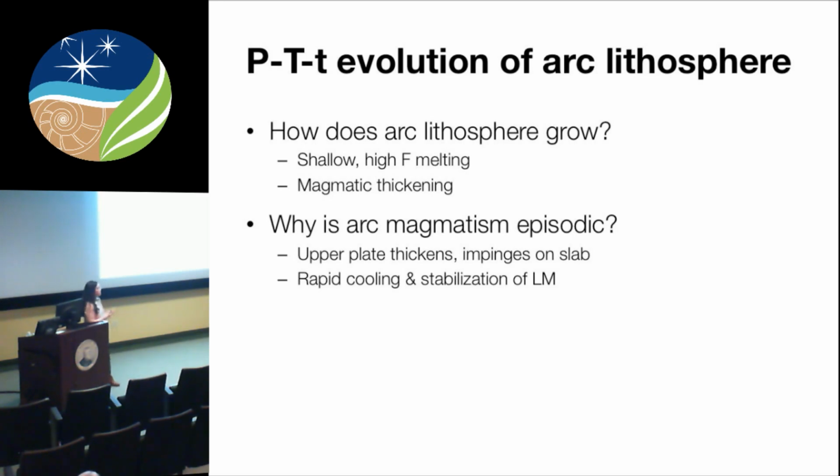I think this is a much more internally consistent idea of how you can have these episodic pulses of magmatism. And then you had the rapid cooling, and that stabilized the lithospheric mantle for a long time. And as we know, in the western U.S., we had the presence of a slab for a long time until the Cenozoic times.